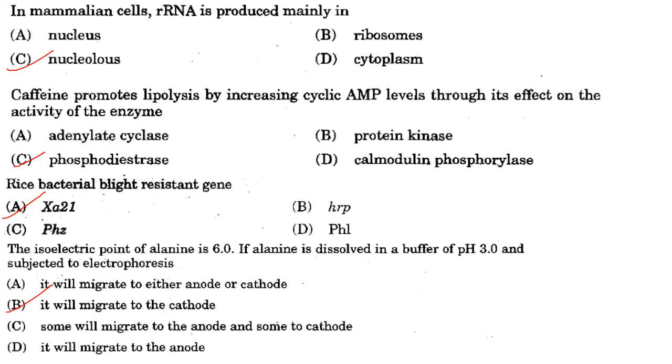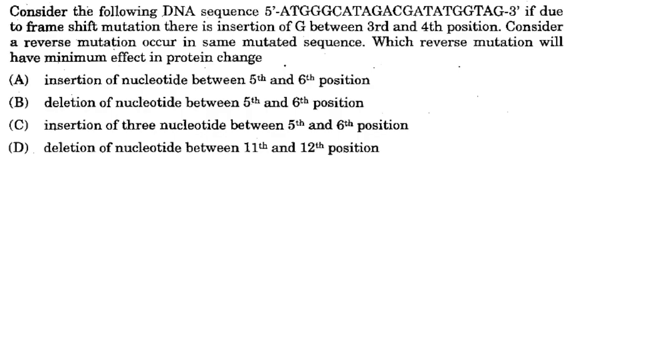Now what will happen at low pH, that is pH is less than pI, as is the case given here, that is 3 is less than 6. The amino acid carries positive charge and it will migrate towards the cathode. So answer is option B, it will migrate to the cathode.